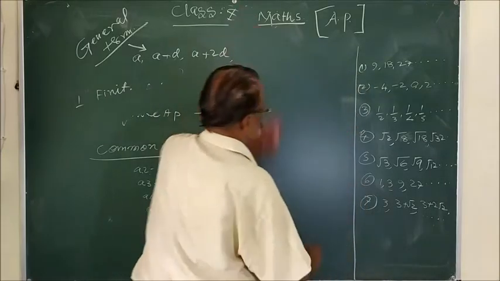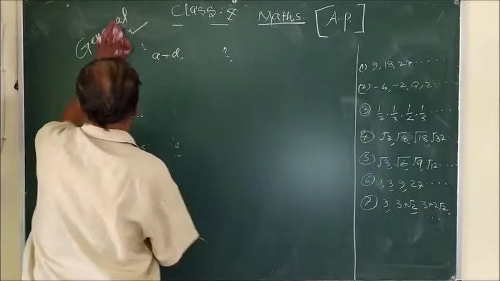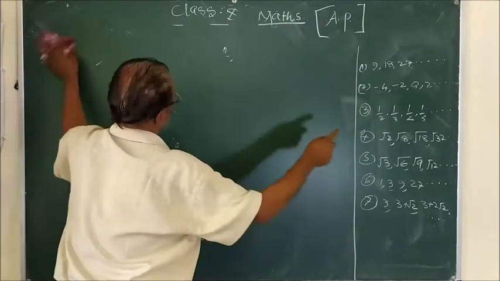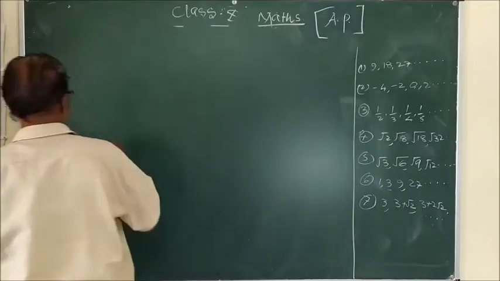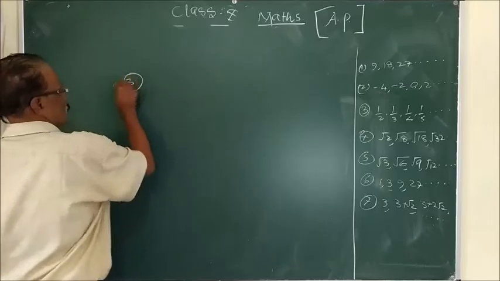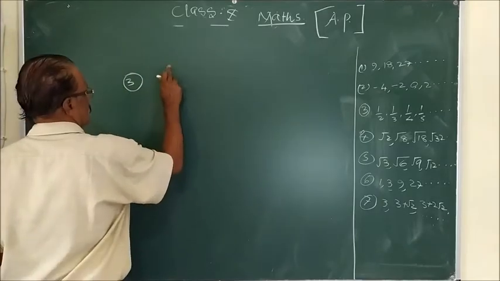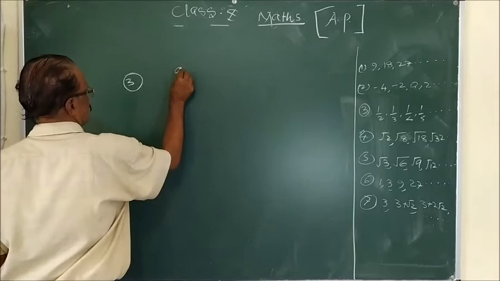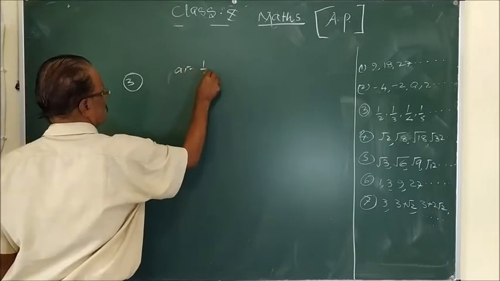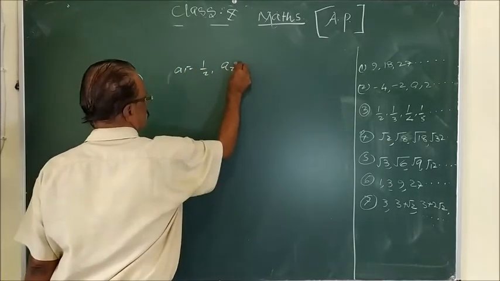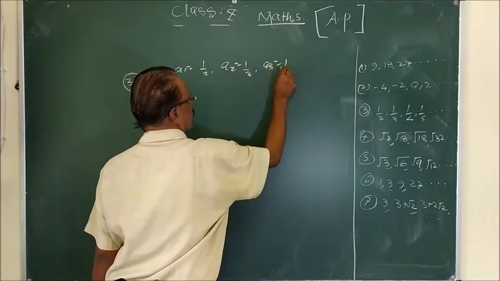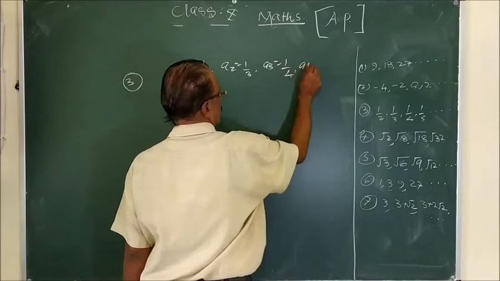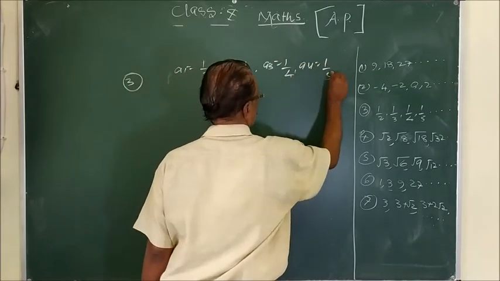So if you want to solve number 3, find out whether these are in AP or not. So ये देखिए थर्ड में A1 is 1 by 2, A2 is 1 by 3, A3 is 1 by 4, and A4 is 1 by 5.